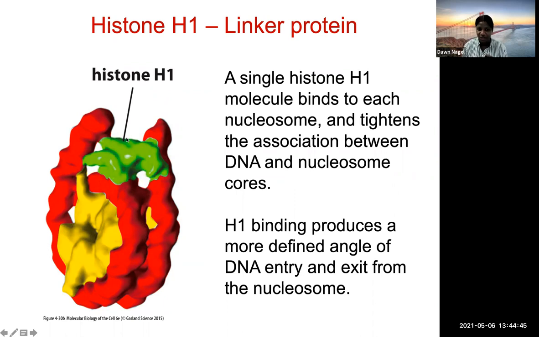These histone proteins are important for tightening the DNA around the histone proteins, but they also help to define the way the DNA is wrapped around the histone protein and also gets removed. They help to provide a more defined angle of DNA entry and exit on the nucleosome. So they're very important within the cell.